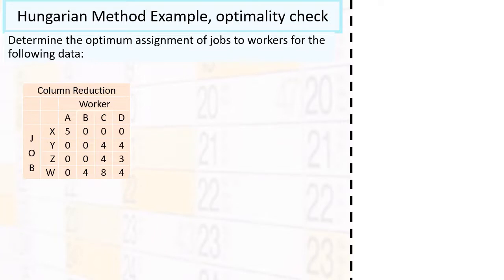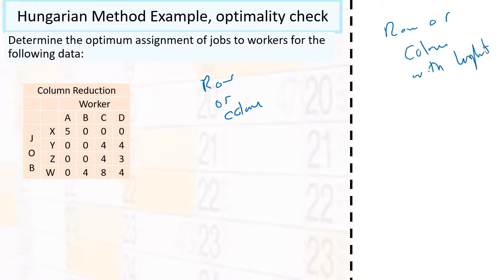So crossing the lines, the optimality check, is a bit tricky because we want to find the row or column with the highest number of zeros.